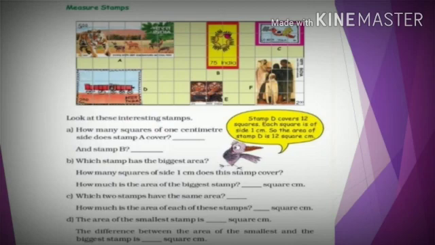The area of the biggest stamp we have already found out. So the area of the biggest stamp is 18 square centimeters, and the area of the smallest stamp is 4 square centimeters. When we find the difference of the area of the biggest stamp and the smallest stamp, we get the answer 14 square centimeters. So these were questions related to these stamps.